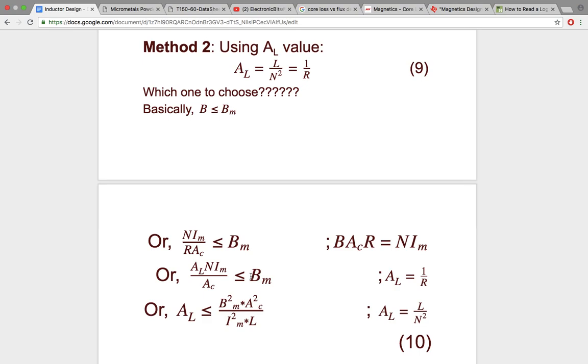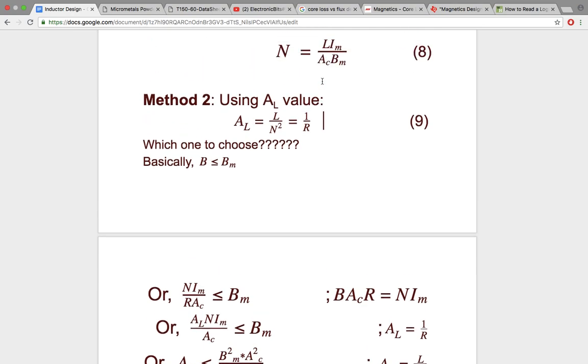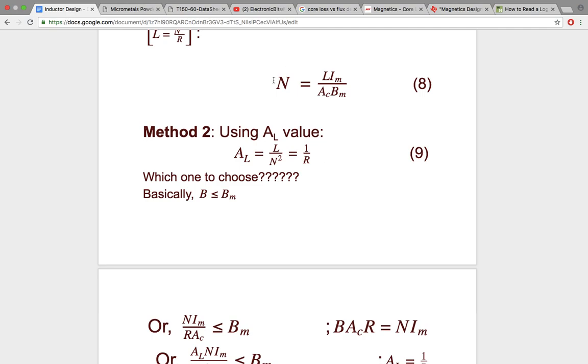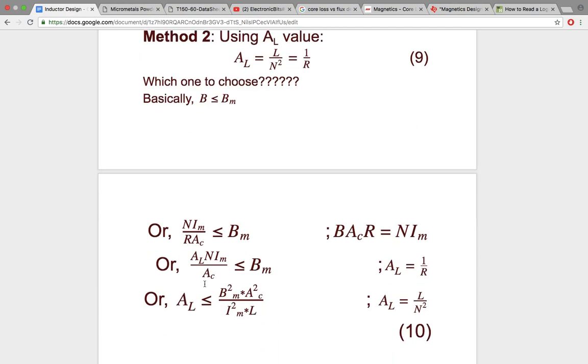So this is the main deciding factor in choosing between those formulas. If this is satisfied, then we can choose this AL formula. If this is wrong, then we have to go ahead with the other formula. So this is basically the deciding factor.